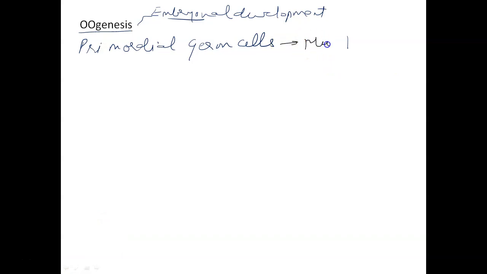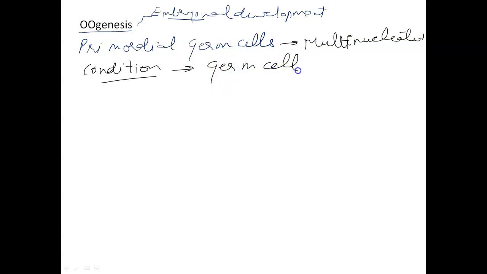So we can write directly here, multinucleated condition. Now this multinucleated, syncytial condition forms a very important term, that is the germ cell nest.